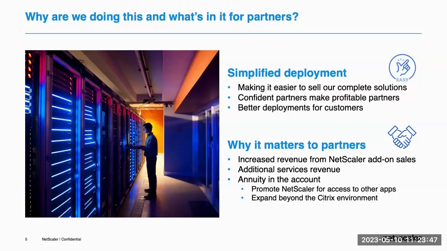Now, more than this, you can start to promote the benefits of the smart access-like functionality, turning the printing off and stuff, for all their applications with secure private access. No other ZTNA solution can do that. Similarly, you can start discussing the consolidation of all their VPN access into SPA, as well as providing the HA, optimization, and security for all those other applications.